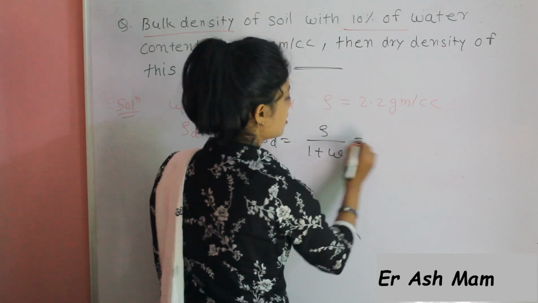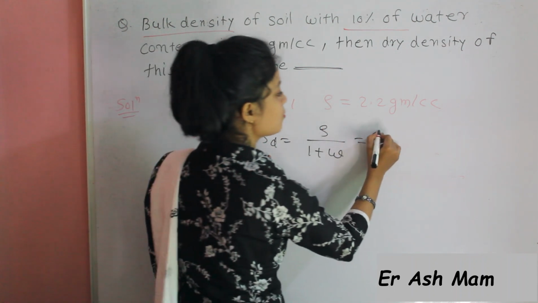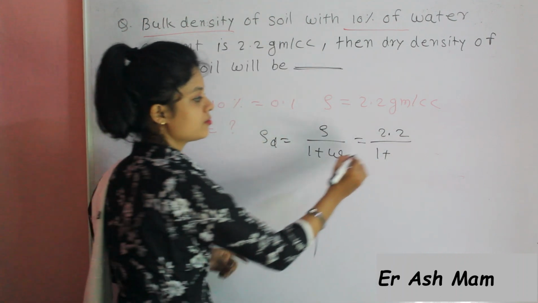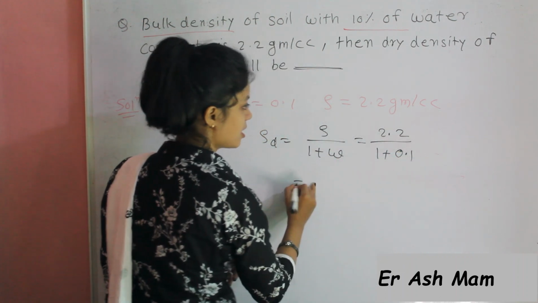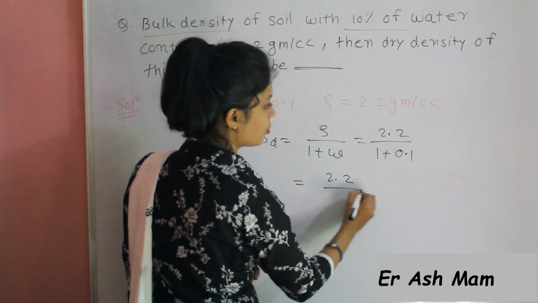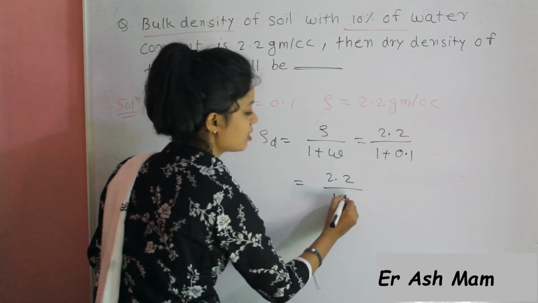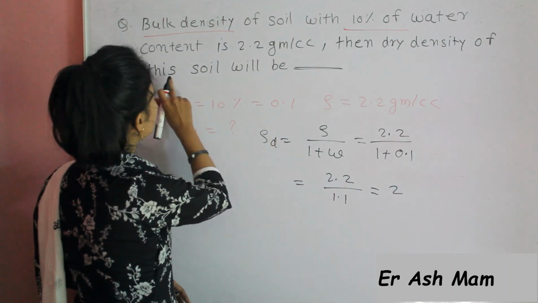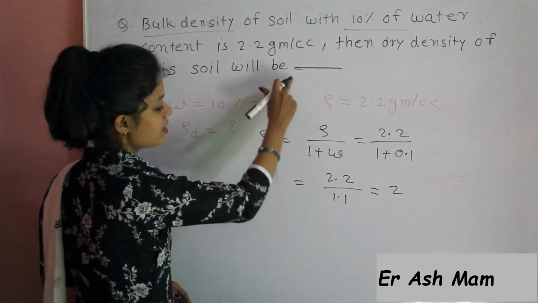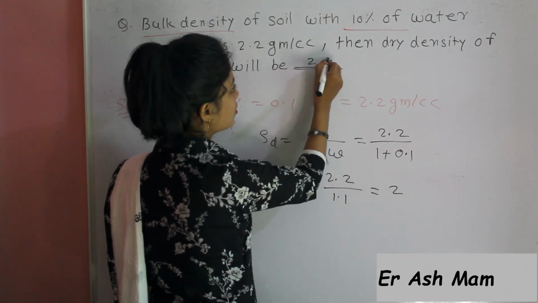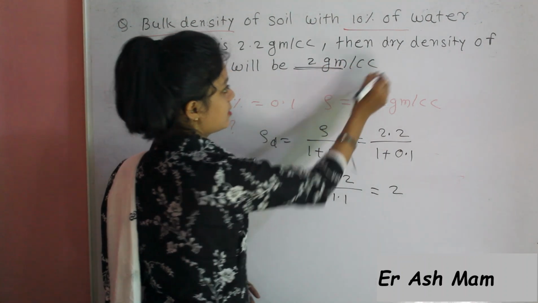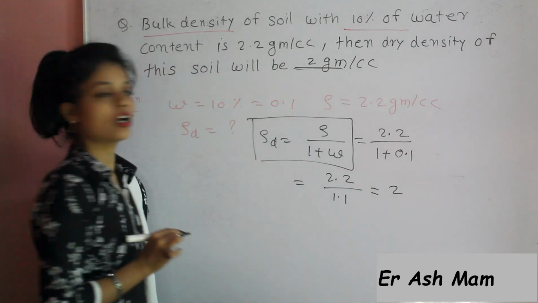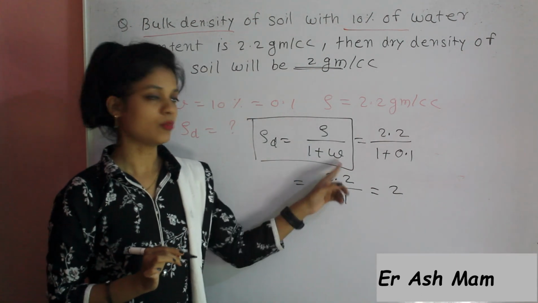We know that bulk density is 2.2, 1 plus water content is 0.1, equal to 2.2 upon 1 plus 0.1 is 1.1, which is equal to 2. Therefore, dry density of soil will be 2 gram per cc. Okay, so formula is rho d equal to rho upon 1 plus W, water content.